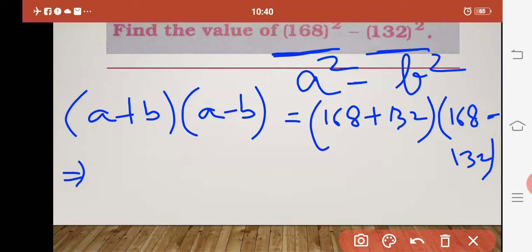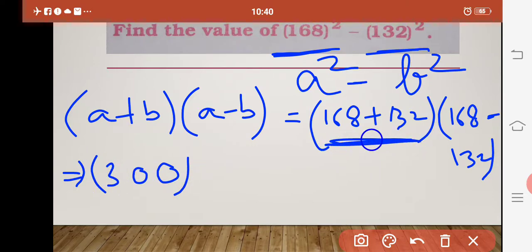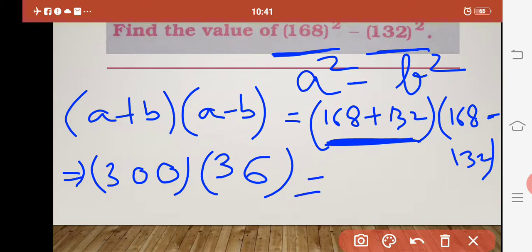So 168 plus 132 gives 300, and 168 minus 132 gives 36. So 300 into 36. What will be the answer? 10,800. So this is how we are going to get the value.